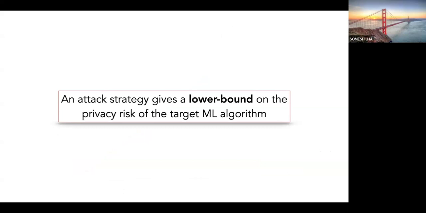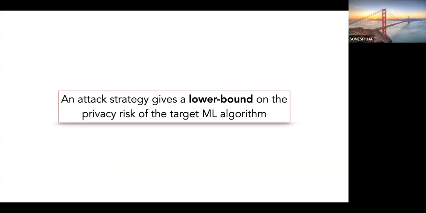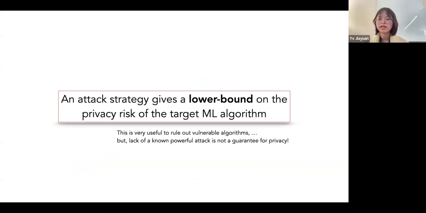However, it is important to note that an attack strategy only gives a lower bound on the privacy risk of the target machine learning algorithm. That is, if it succeeds, then you know for sure that this algorithm is not privacy preserving. But if it fails, it does not necessarily guarantee that the algorithm is privacy preserving.